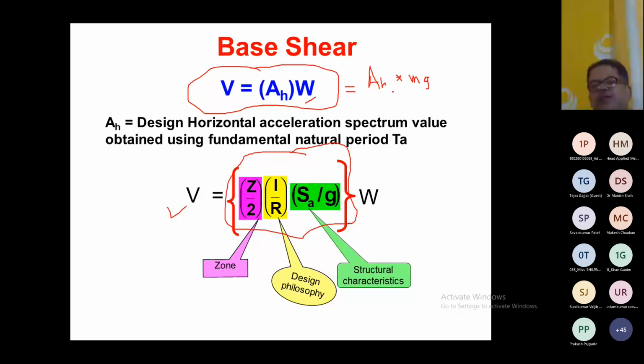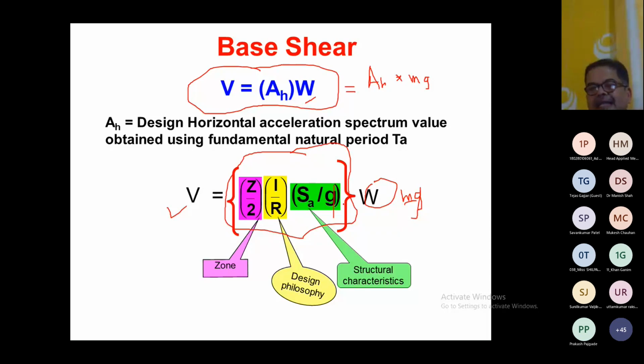Now, if I put m into g instead of W, then this g and this g will cancel out. So it is mass into SA, that is, mass into spectral acceleration.